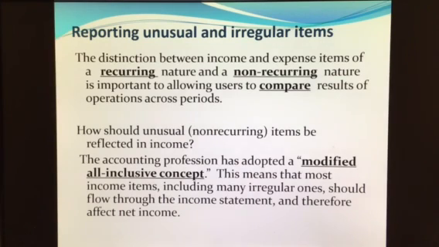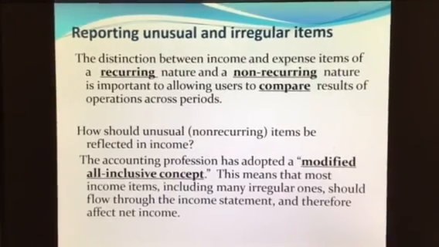A plant gets destroyed by an earthquake, or maybe there's an embargo on products that the company sells, and so the contracts that the company had to sell goods to, let's say, Iran or North Korea or something like that, are prohibited by law. Or it could be that there's an extended labor strike, and so these sort of events certainly could have a serious, significant financial impact.